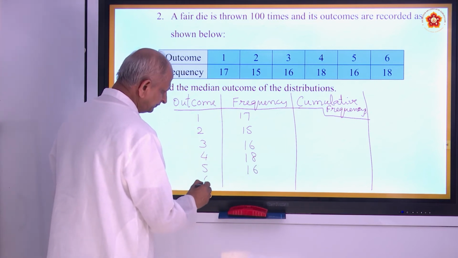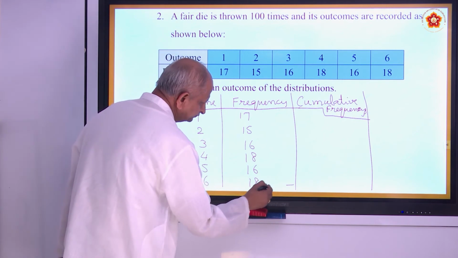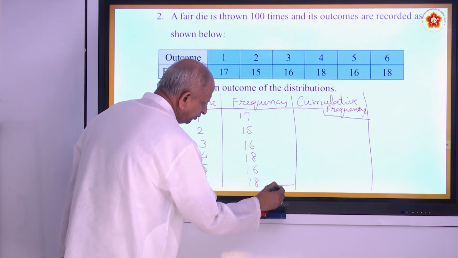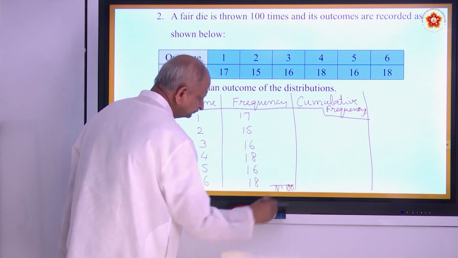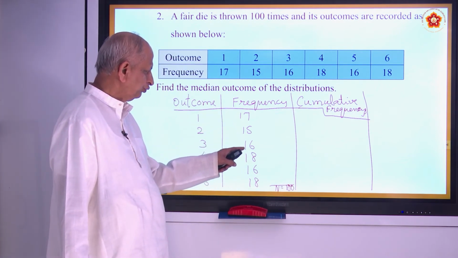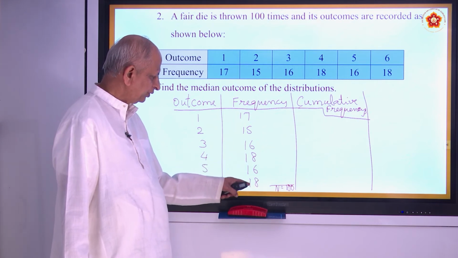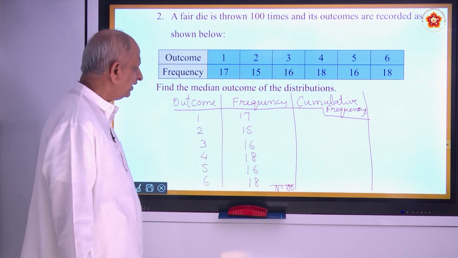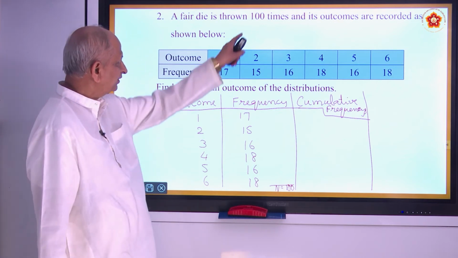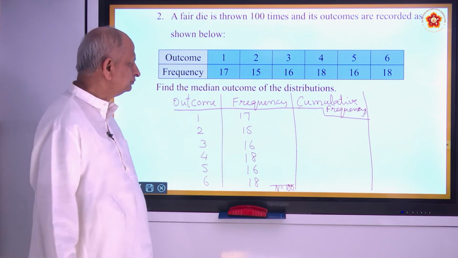Number 6, 18 times. So totally how much? N is equal to 100. Add this: 32, 48, 66, 82, 100. So totally 100 experiments, it's called 100 times that die is thrown.